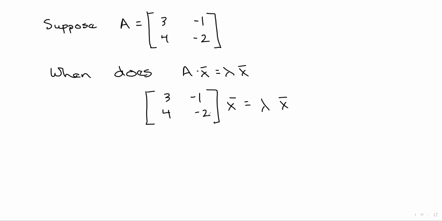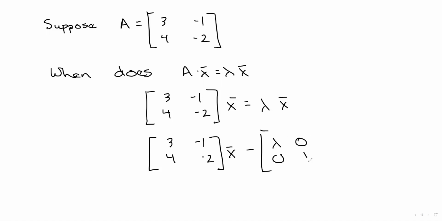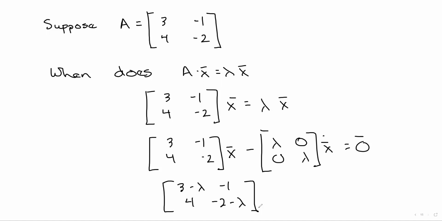What we can do is move this over. So when does [3, -1; 4, -2] times x minus lambda times x equal 0? That's another way of writing [3 minus lambda, -1; 4, -2 minus lambda] times x equals 0. When is this true?